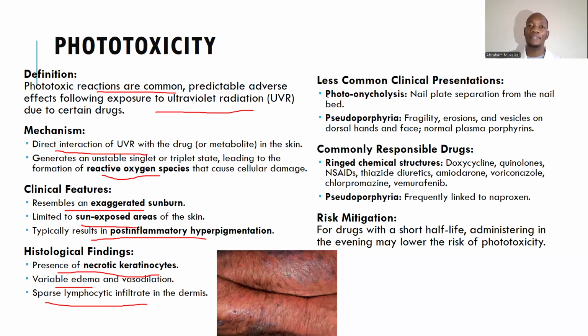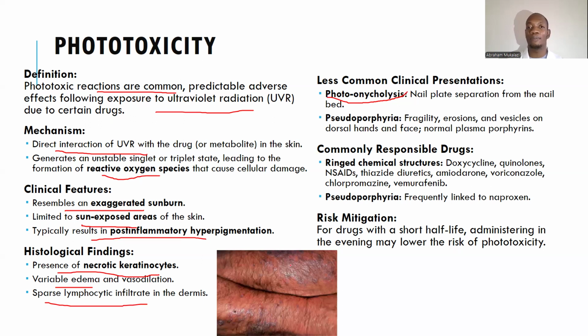Less commonly, you can get photoonycholysis, where the nail bed separates from the nail plate. We've seen this most commonly when you give tetracyclines, especially doxycycline, while managing acne, and then someone comes back telling you that their nail plate has started to detach from the nail bed. That is the photoonycholysis that occurs because of doxycycline toxicity.